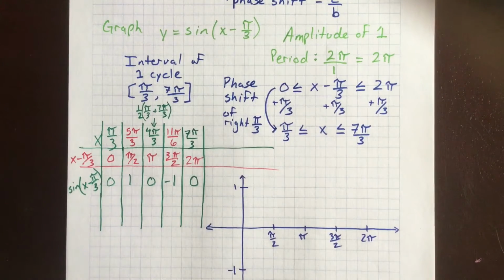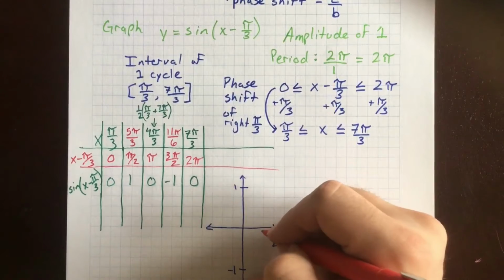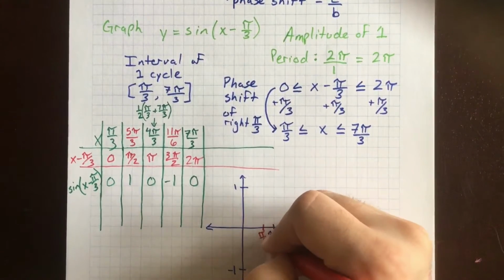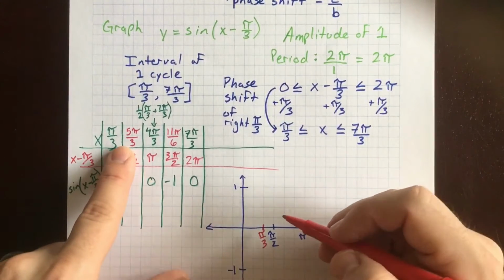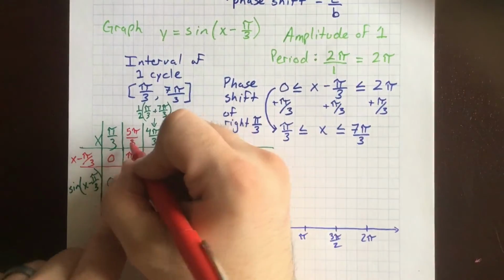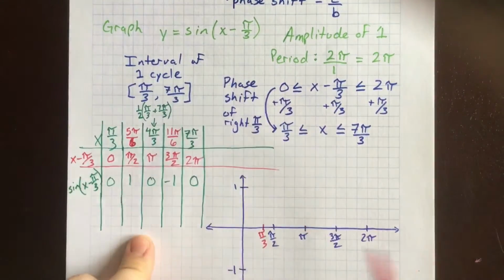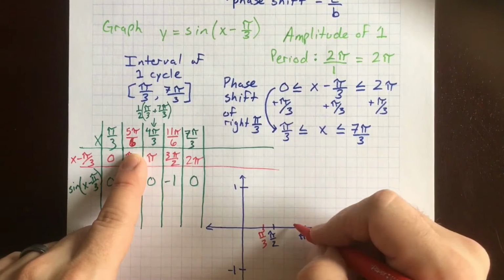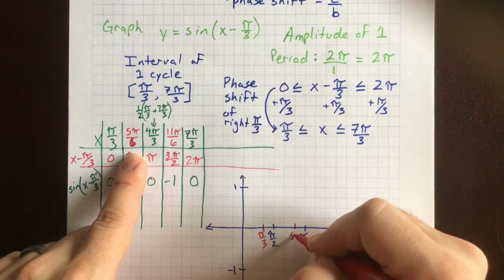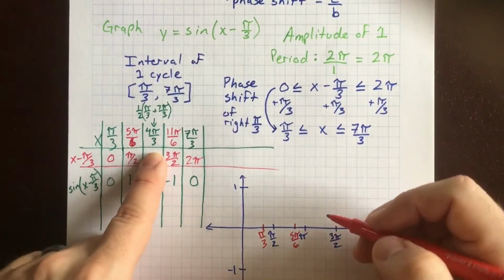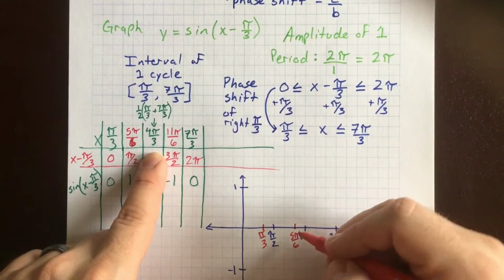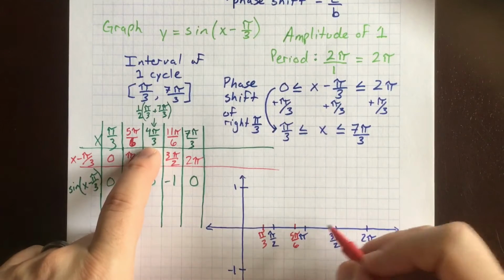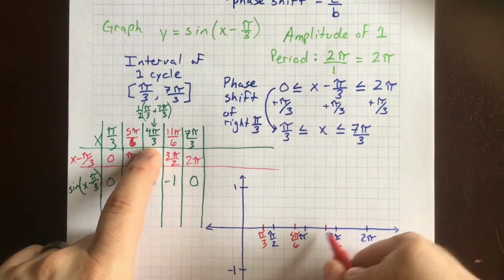So we have pi over 3, which is right here. 5 pi over, actually pi over 6, guys. I said pi over 6 for pi over 3. So 5 pi over 6, that's going to be right before pi. Then we have 4 pi over 3, so that's going to be pi plus pi over 3, so right here.